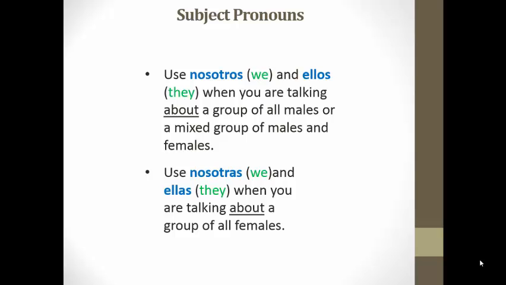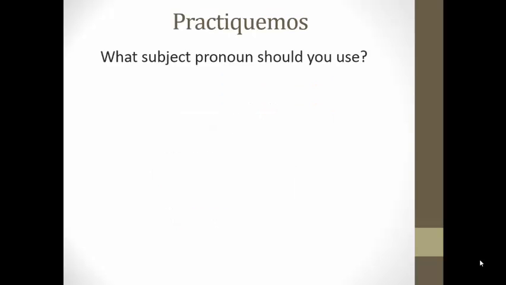Use nosotras, which means we, and ellas, which means they, when you are talking about a group of all females. Notice you're using a feminine form of these subject pronouns. Nosotras ends in as, and ellas ends in as. There cannot be a boy in the group if you want to say we using nosotras or they using ellas.